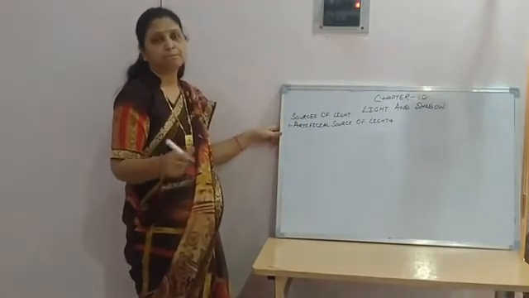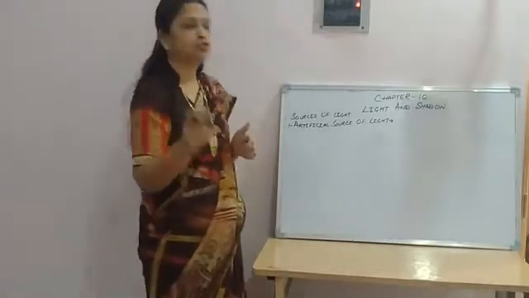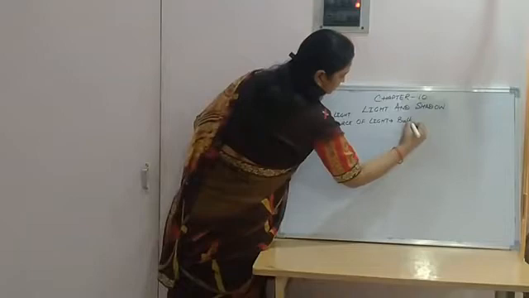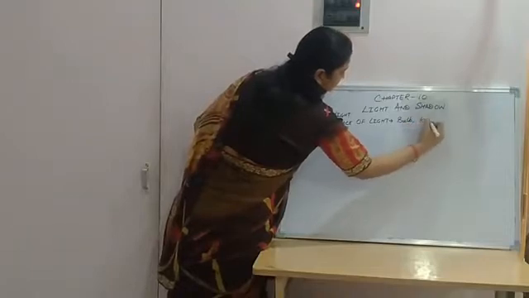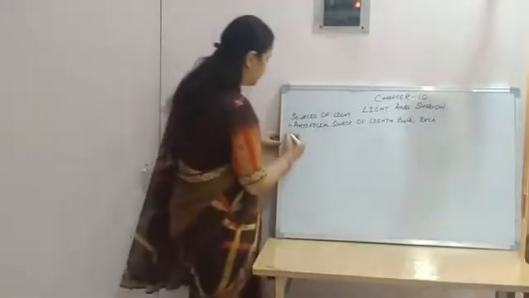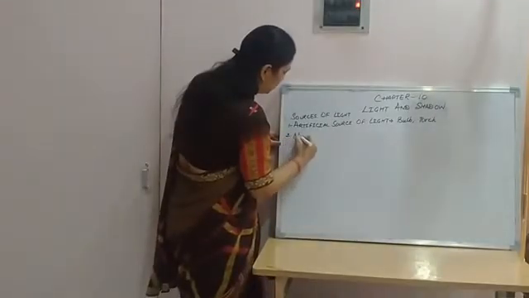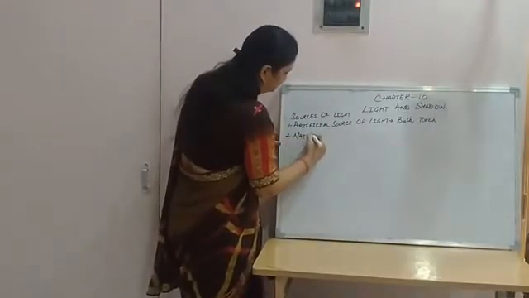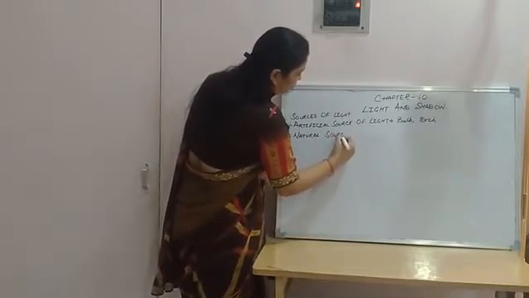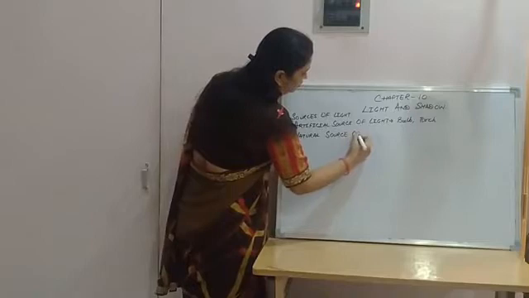Examples are bulb, torch. Then natural source of light. The second one is natural source of light.